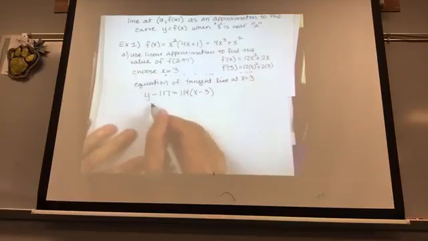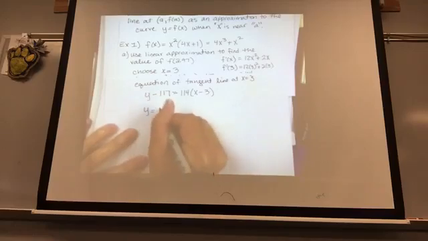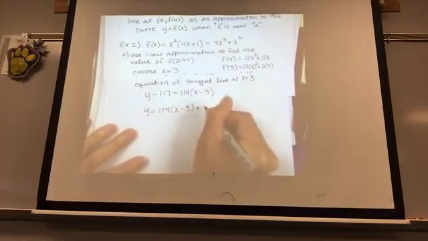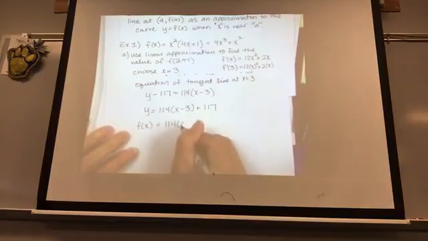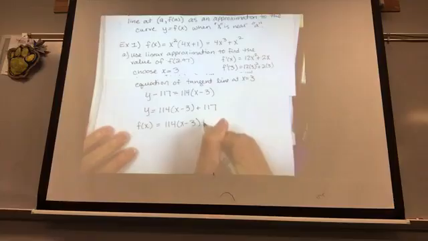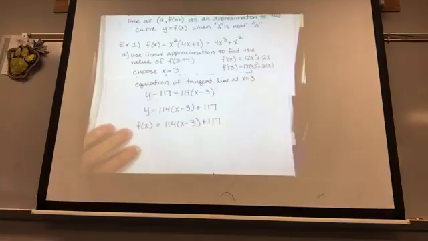And then if I solve that for y, I know y will equal 114 times x minus 3 plus 117. And so this is a linear function because it's the tangent line at x equals 3.